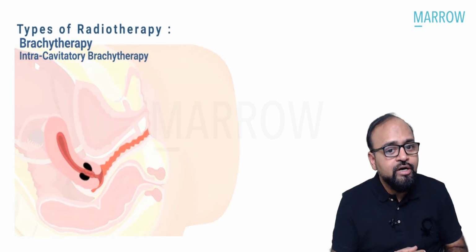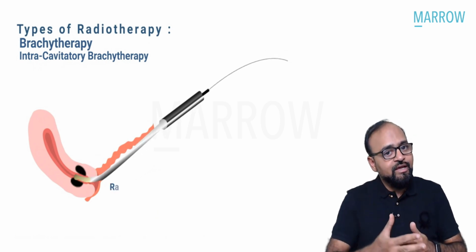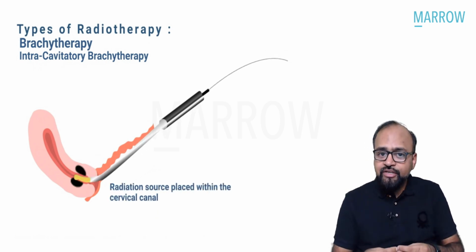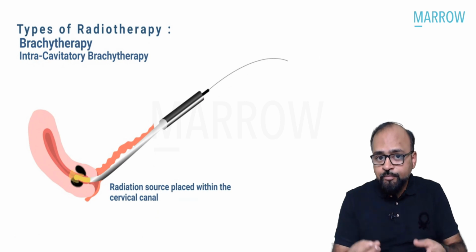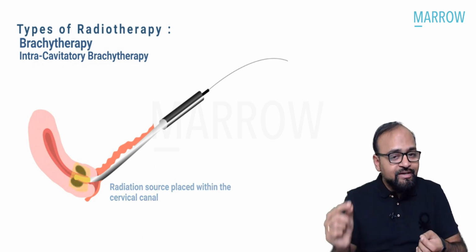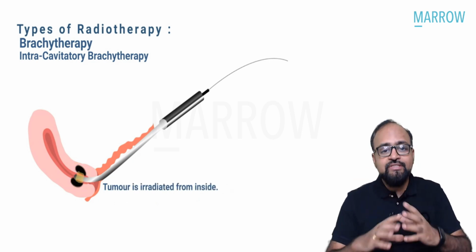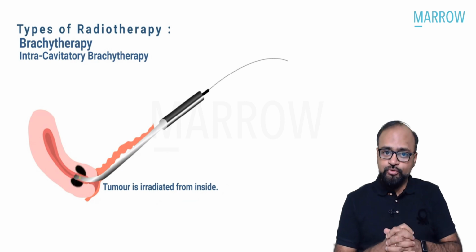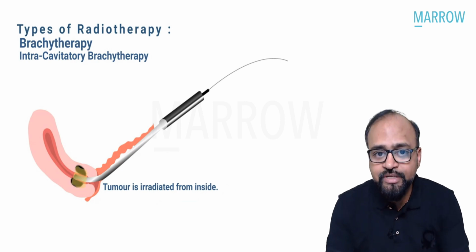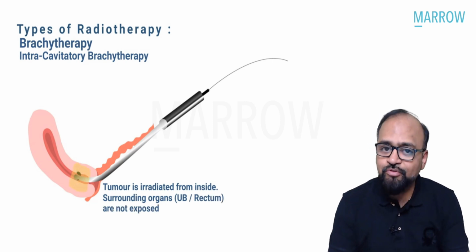So what we do is, a radiation emitting device is placed within the cervical canal, and it is going to emit radiation. The penetrating power of this radiation is very low. So what is going to happen? The cervical cancer is going to be irradiated from within, right? Whereas the surrounding normal body tissues are not exposed. So when the radiation source is placed in a cavity within the body, it is called the intracavitary type of brachytherapy.